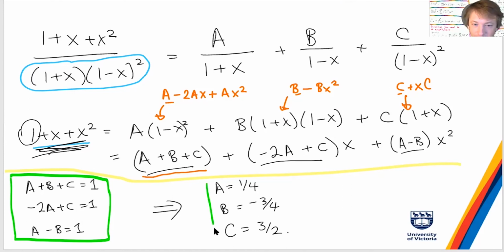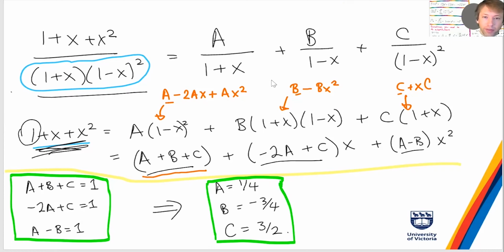Eventually you'll get to the solution where a is a quarter. This is linear algebra, but you probably did this in calculus as well, and you end up with this 3/4. Therefore our generating function is equal to this, with these values of a, b, and c.